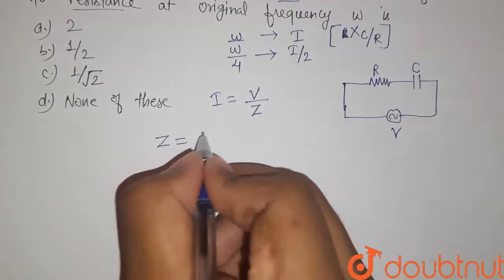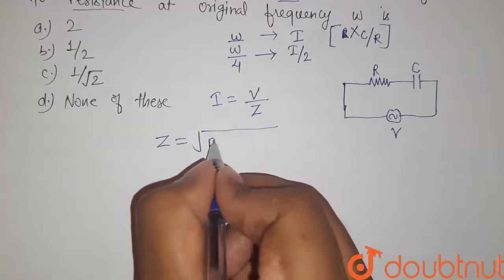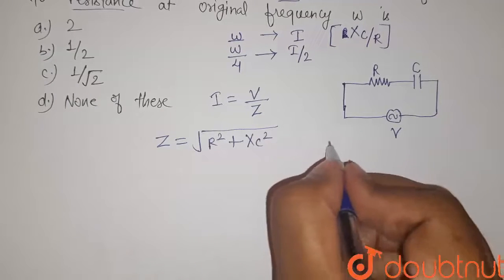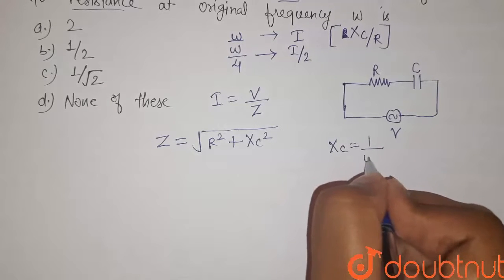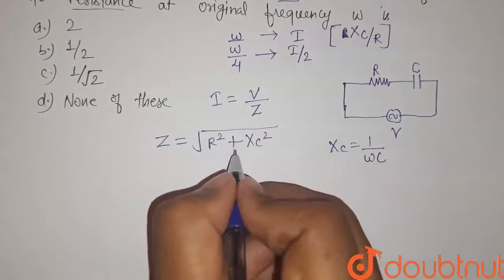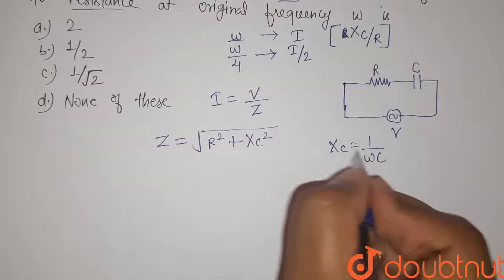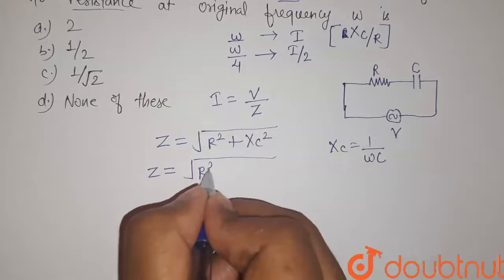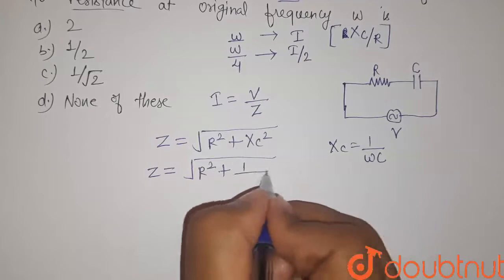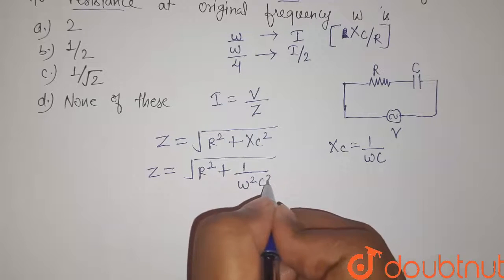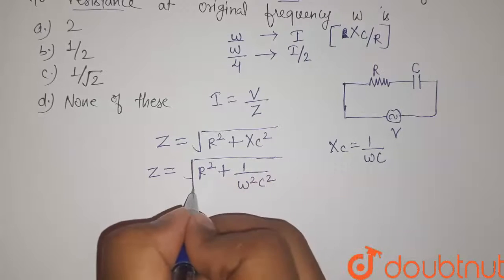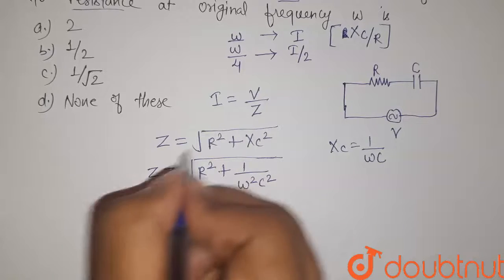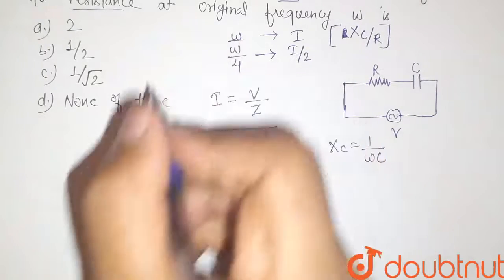Impedance is given by the square root of R square plus XC square, and XC is given by 1 upon omega into C. Putting this value of XC, we have Z equals the square root of R square plus 1 upon omega square C square. Let us take it to be Z1, because it is the value when the frequency is omega.